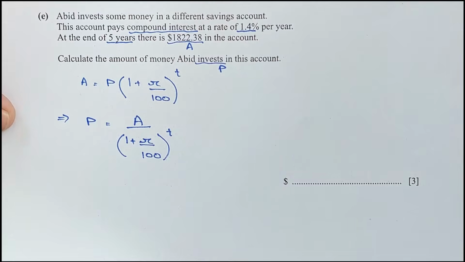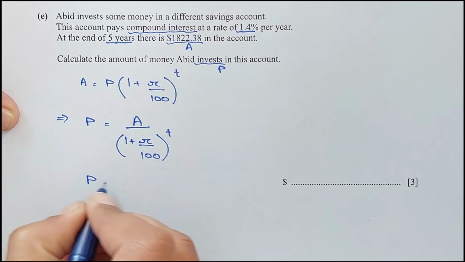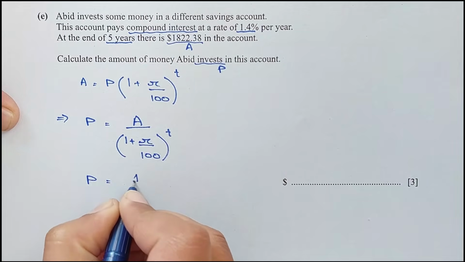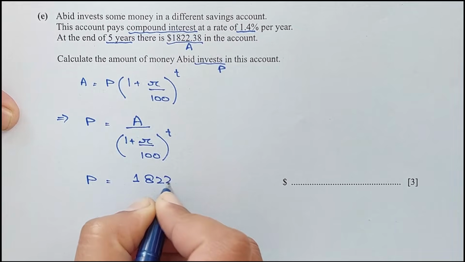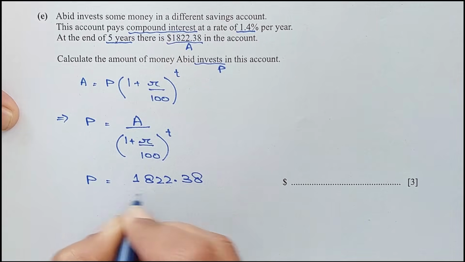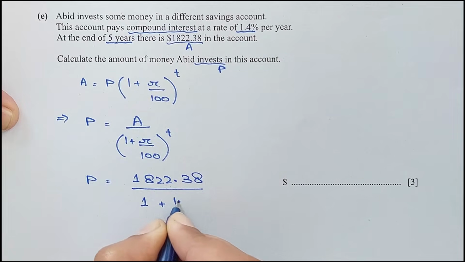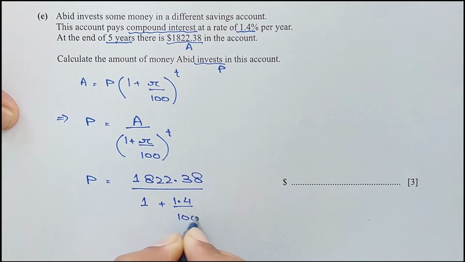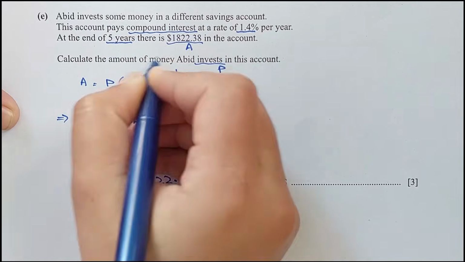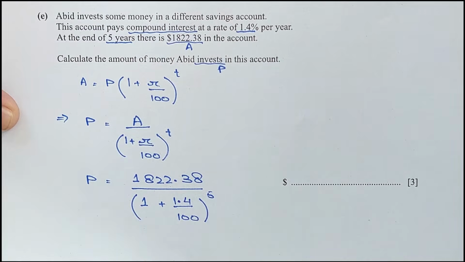Now let's simplify. We have to solve for the investment. The amount is 1,822.38 over 1 plus R, where R is 1.4% and T is 5 years, right?